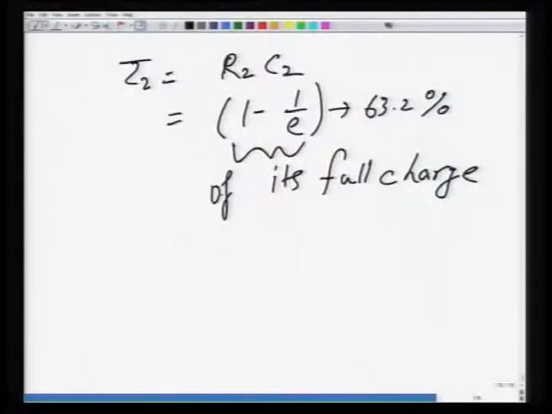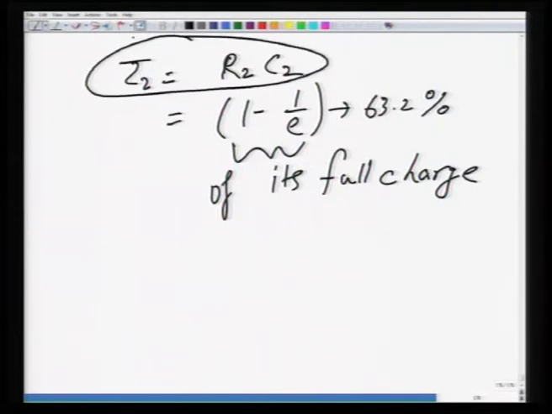Now what we do is make use of this term and insert tau 2 in the impedance or admittance equation that we earlier worked out.